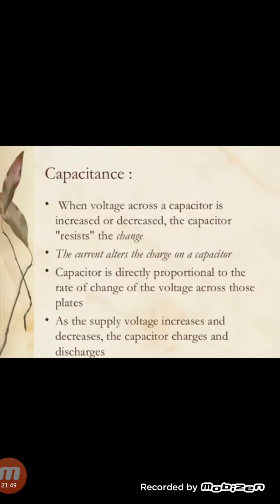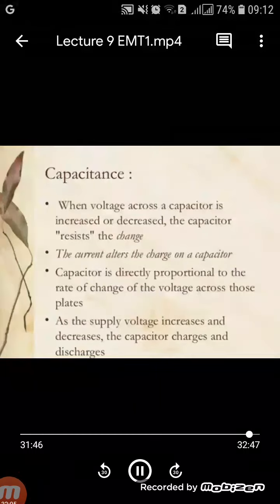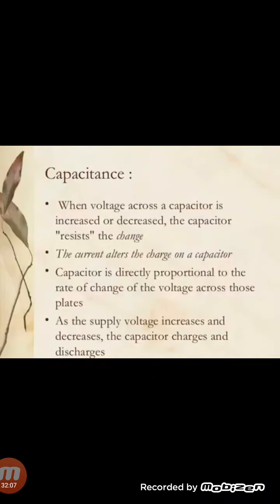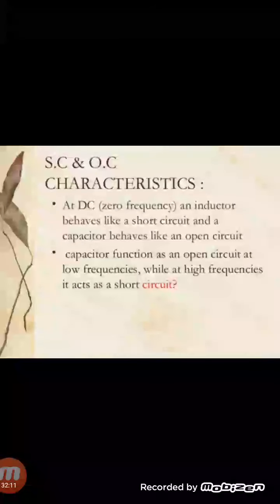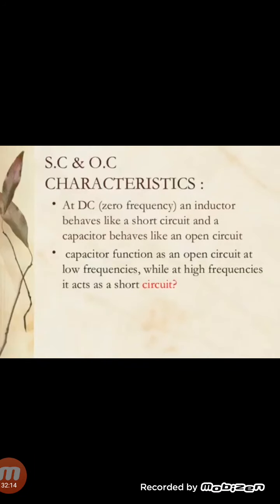Capacitance. When voltage across a capacitor is increased or decreased, the capacitor resists the change. Current alters the charge on a capacitor. Current in a capacitor is directly proportional to the rate of change of the voltage across its plates. As the supply voltage increases and decreases, the capacitor charges. For DC, an inductor behaves like a short circuit, and a capacitor behaves like an open circuit.